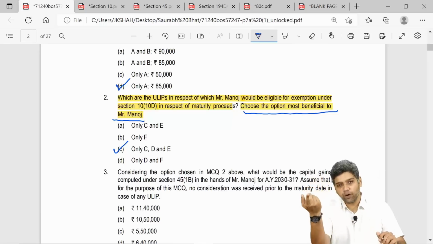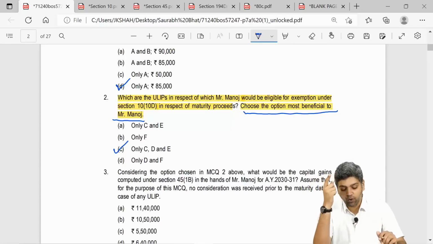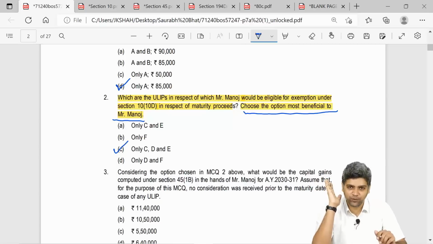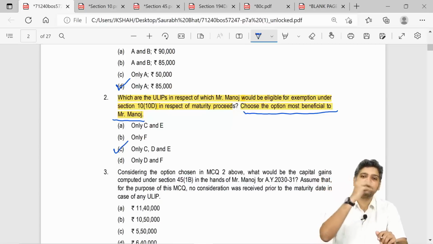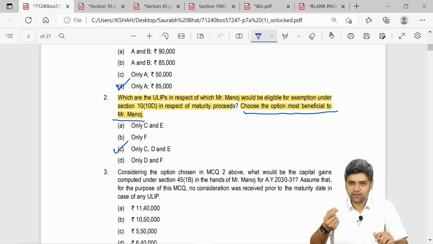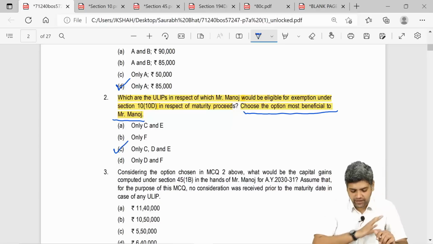Alternatively, you could have taken policy F, but they have told us to choose the option most beneficial to Mr. Manoj. So for Mr. Manoj, taking exemption on C plus E is more beneficial because the aggregate tax saving is higher. I hope you understood.